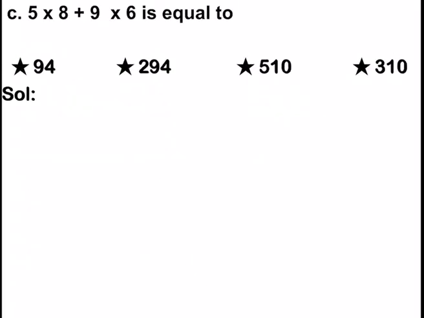Now part C, and the value of part C is 5 multiplied by 8 plus 9 multiplied by 6. We have 4 options.